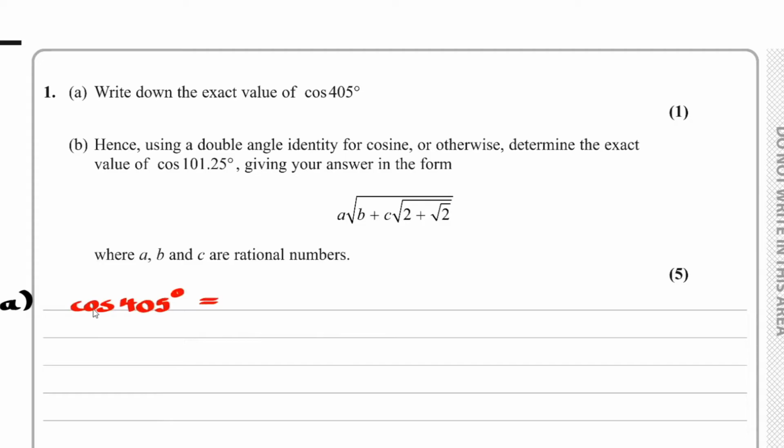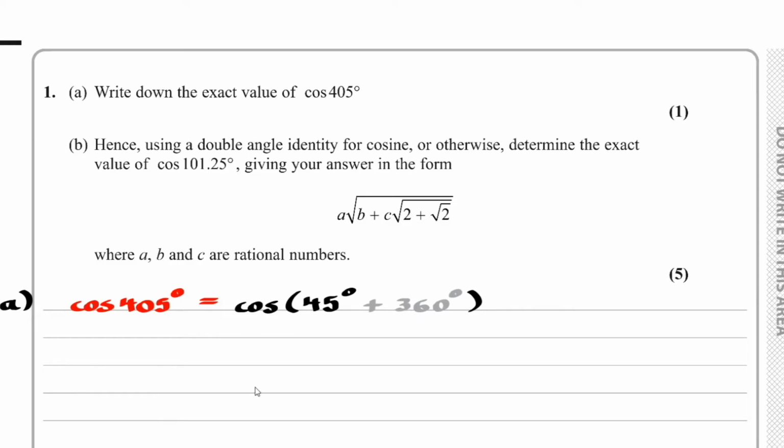For Part A, to find out what the cosine of 405 degrees is, we can begin by thinking about the cosine of 45 degrees. Because cosine is a periodic function and repeats every 360 degrees, adding 360 degrees to 45 degrees and then finding the cosine of that result is the same as finding the cosine of 405 degrees.